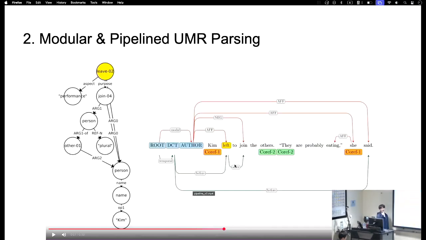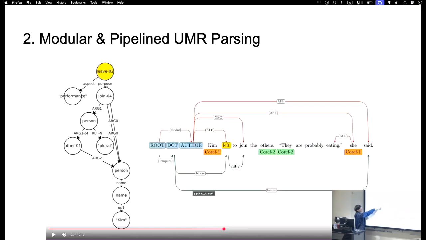As humans, when we see this corresponding graph, we know that leave-2 corresponds to "left", and join-4 corresponds to "join". But the model doesn't know it. So the alignment we're talking about is establishing that join-4 is that join and not some other join, and leave-2 is the "left". Does that answer your question, any chance?